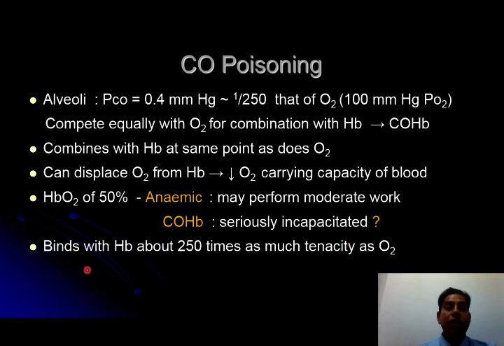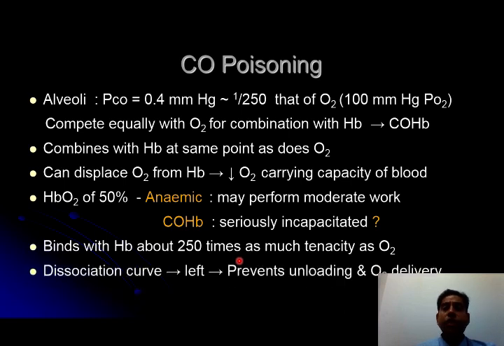Carbon monoxide binds with hemoglobin 250 times as strongly as oxygen. So the dissociation curve is shifted to the left, so it prevents the unloading of oxygen and decreases the amount of oxygen delivered to the tissues.